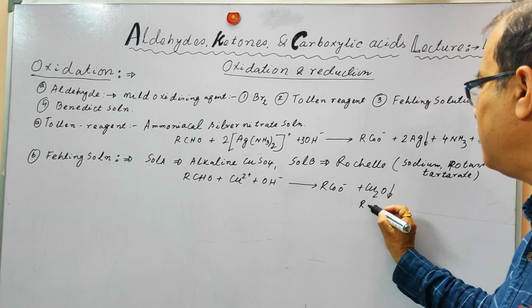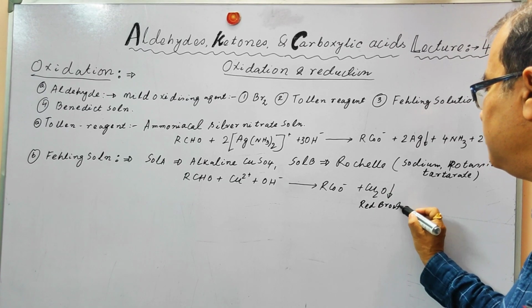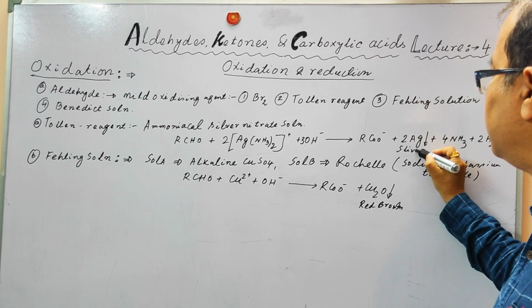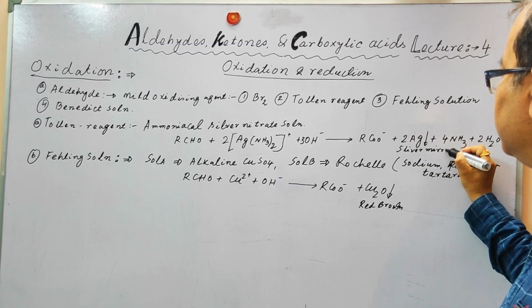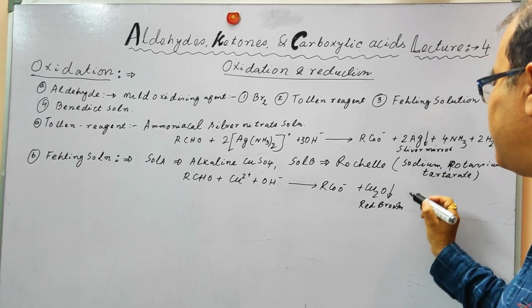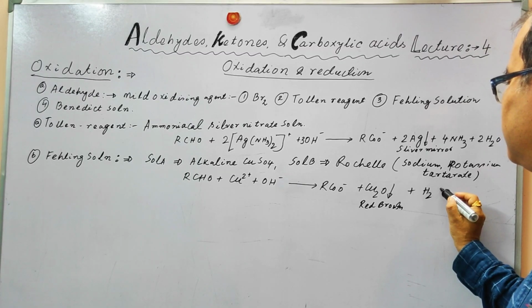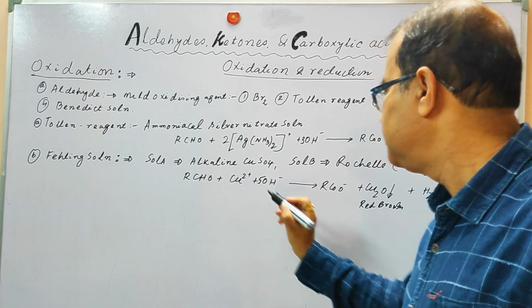This is the red brown precipitate we will find, whereas with Tollens it was the shining silver mirror. It is red brown, and there is H2O. So we balance it.